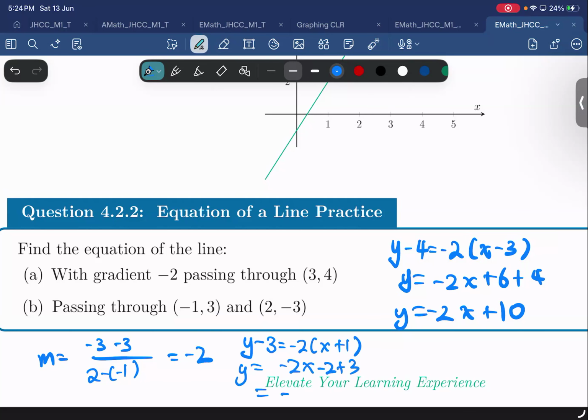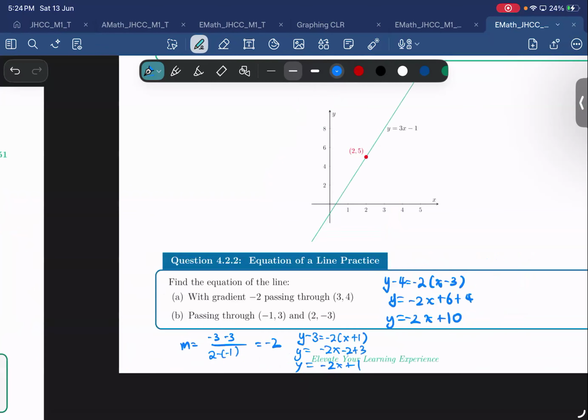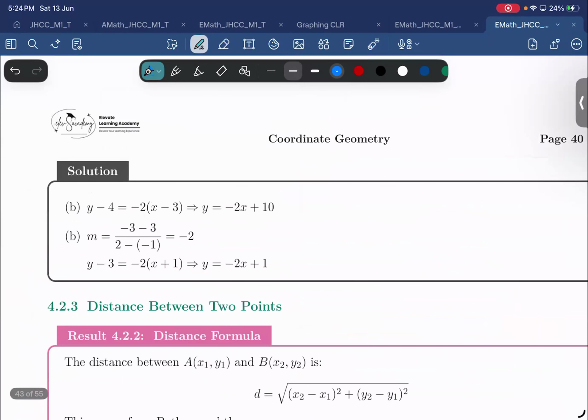So it's minus 2x plus 1. Any questions? Calculating the equation of a line should be quite straightforward. Then we move on to the next concept.